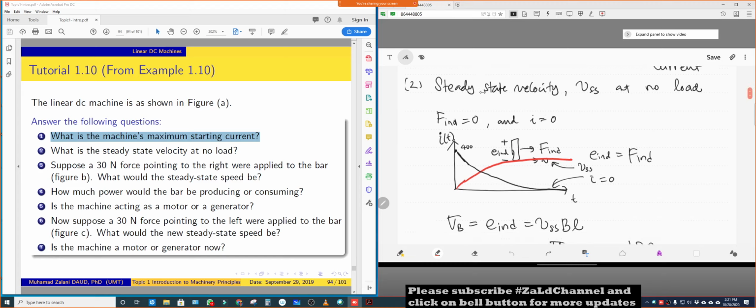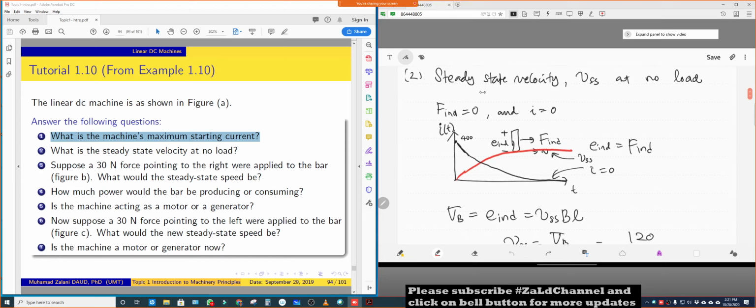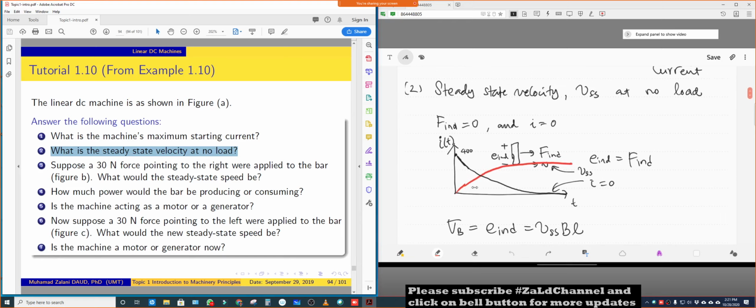So move to the second question. What is the steady state velocity at no load? Once we start the motor, the bar will be moving to the right at initial speed, and then the speed will be increased because of the induced force.